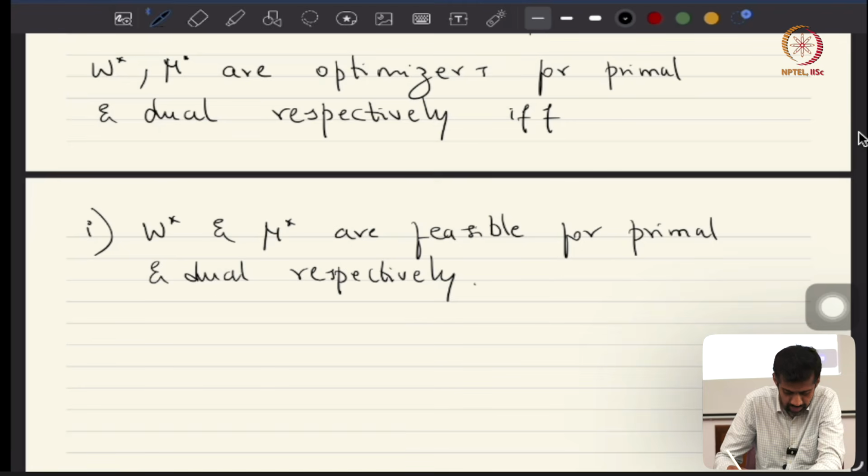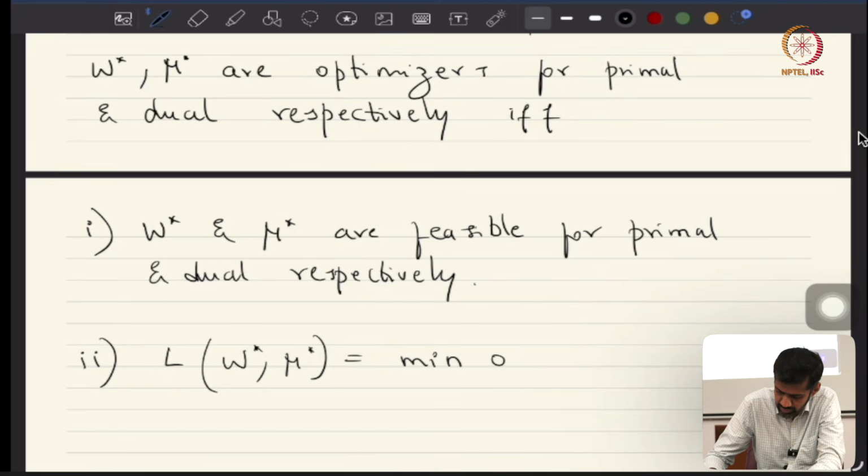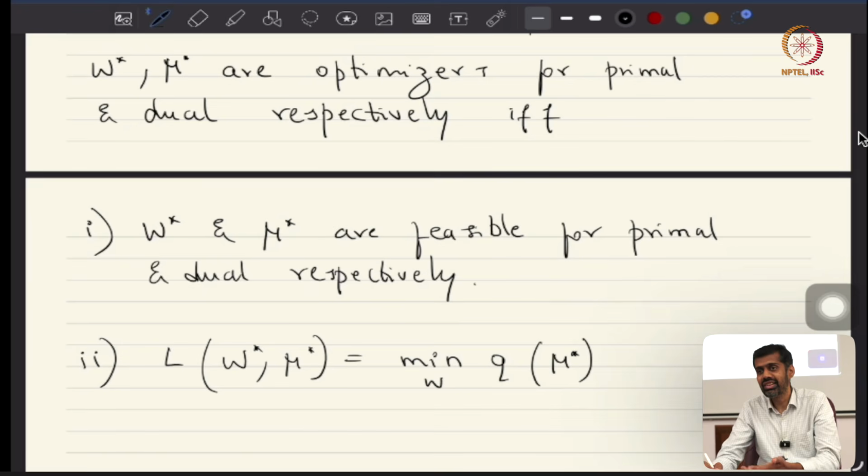And we have that the minimizer of the primal problem is the minimum of the Lagrangian. This is obvious, because this is how we construct the dual.